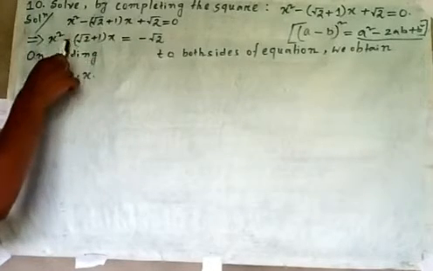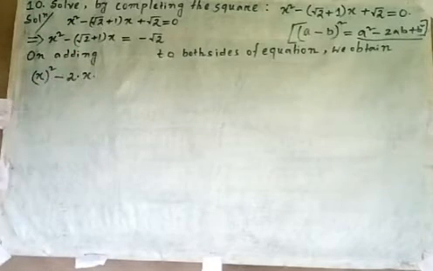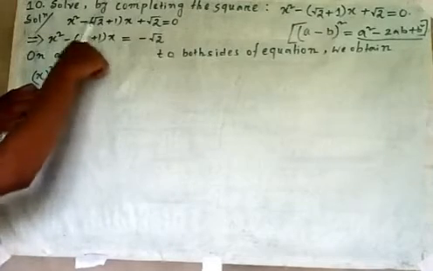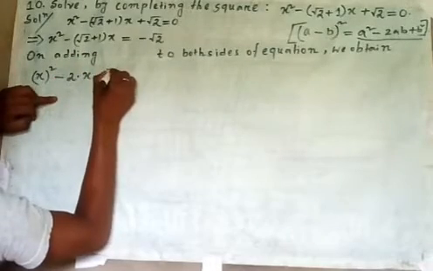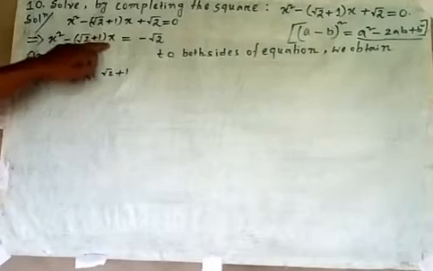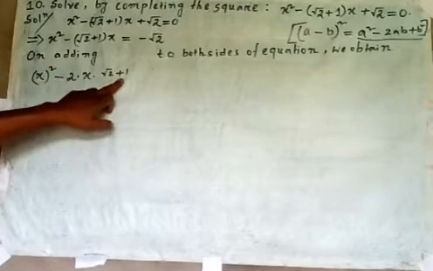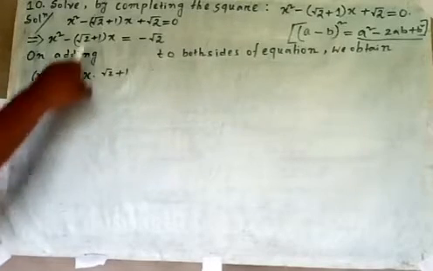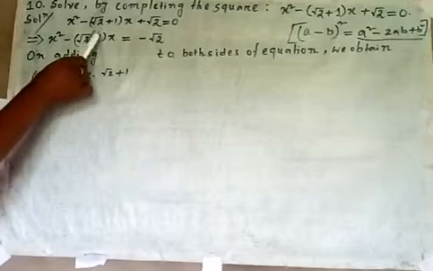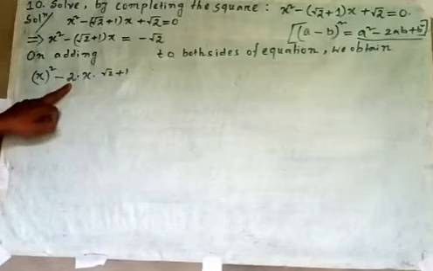What is this? Minus (root 2 plus 1) into x. Look, x is written, but we have not written root 2 plus 1. That's why we are writing root 2 plus 1. Now if you compare this part and this part, there is only (root 2 plus 1) into x, but here there is a 2 which we have written extra.